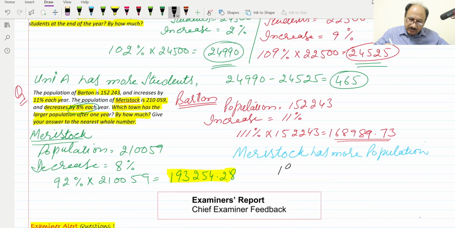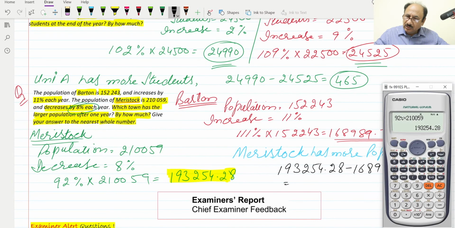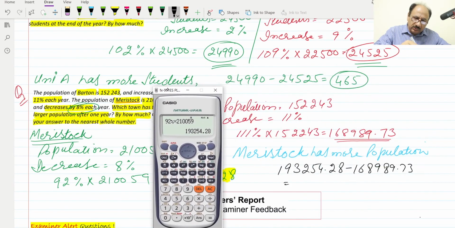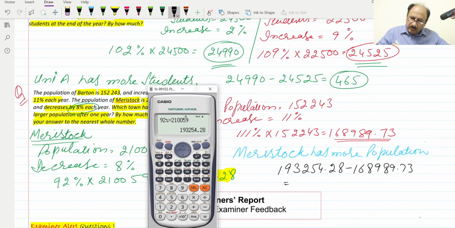So how much more can we calculate? By subtracting 193,254.28 minus 168989.73. This will give us the amount. The first number is already on the calculator screen.